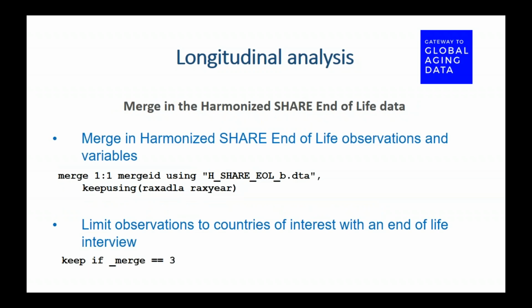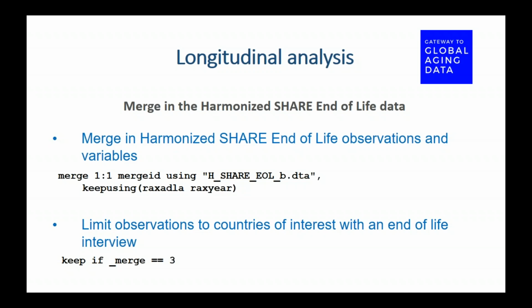So first we can merge in the Harmonized SHARE end-of-life data. Merging in Stata, this is called a one-to-one merge because we have individual level data sets. So there's going to be one person for one person, which are identified by merge ID, using our Harmonized SHARE end-of-life version B data set.